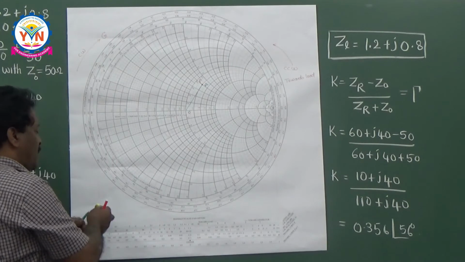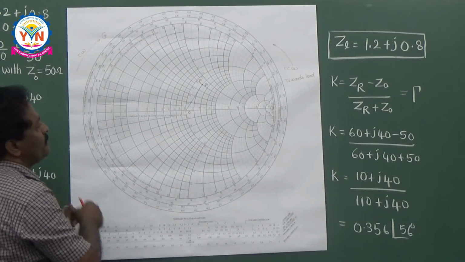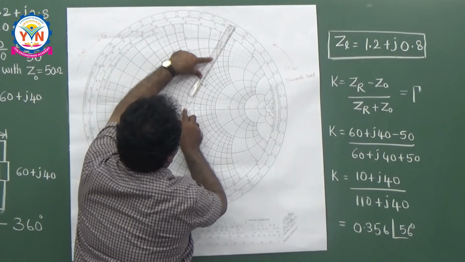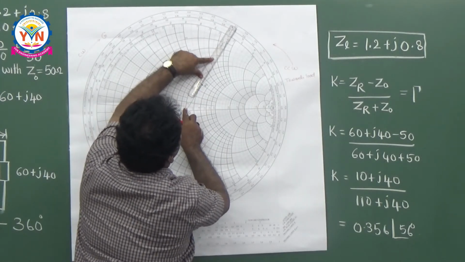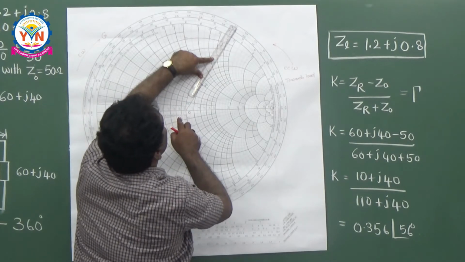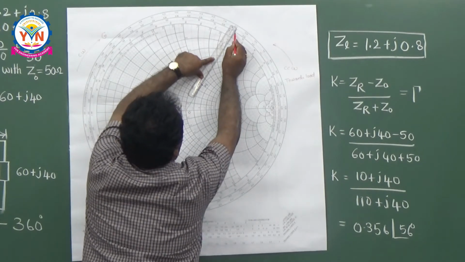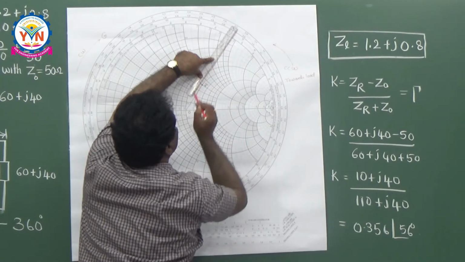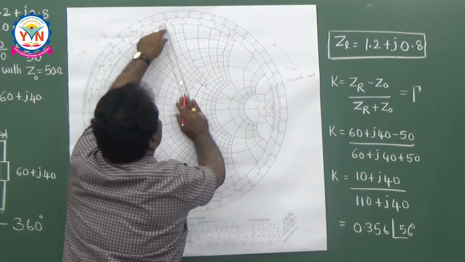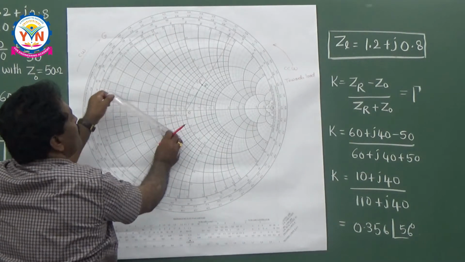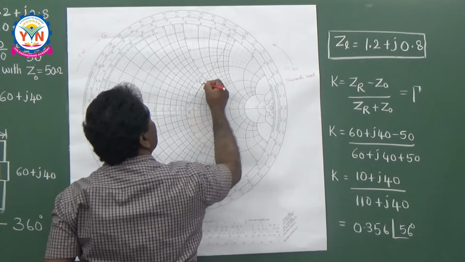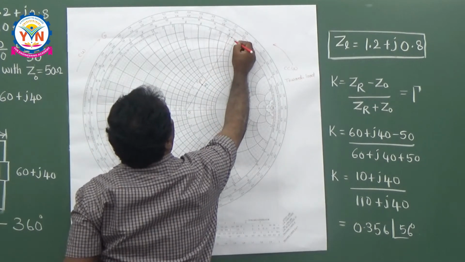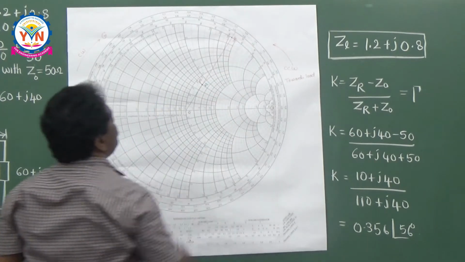So take a long scale here and elongate this line. Let it be 0 and this is P, and this is nothing but Q, where it is intersecting this maximum circle like this.